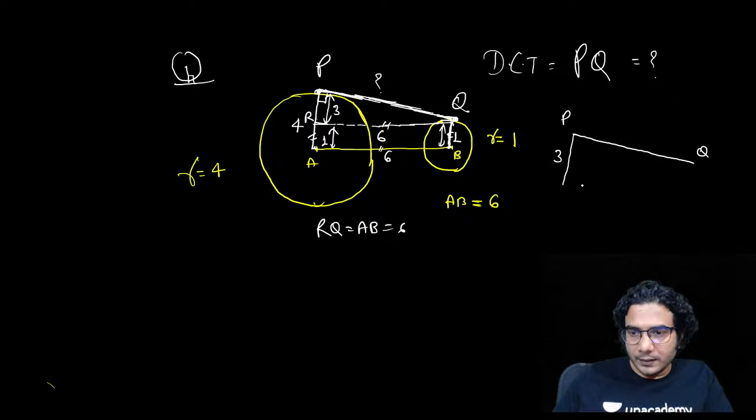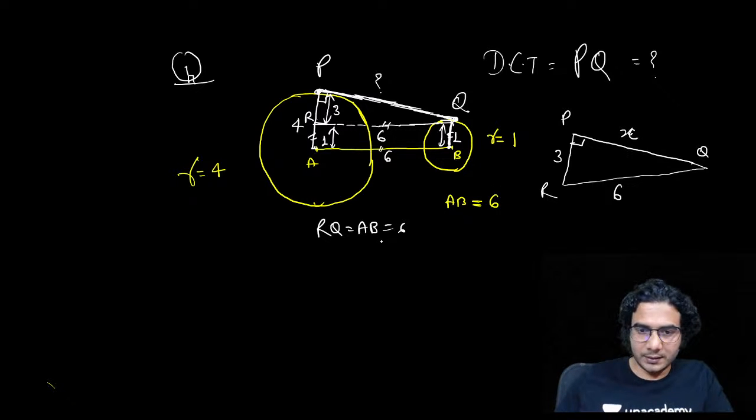And this is a right angle triangle with R. This is given 6. This is the right angle. You need x. So if you apply Pythagoras, then x square plus 3 square is going to be 6 square. x means PQ. So x square is equal to 36 minus 9, which is 27. So x is equal to root 27.